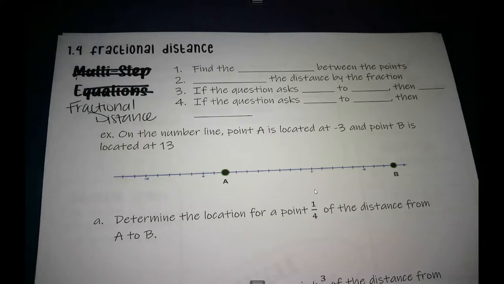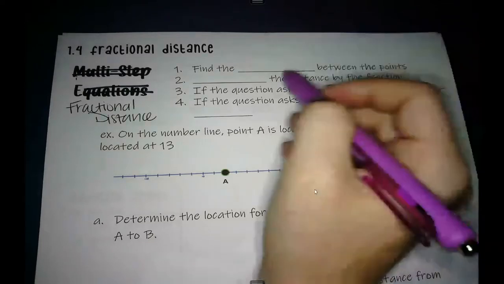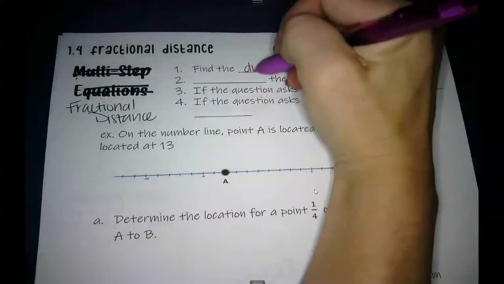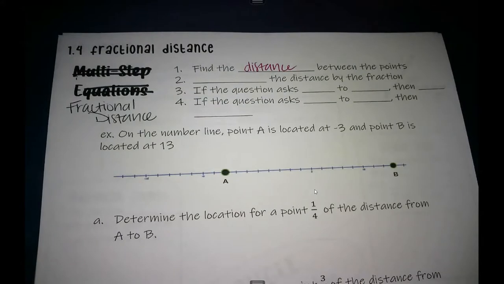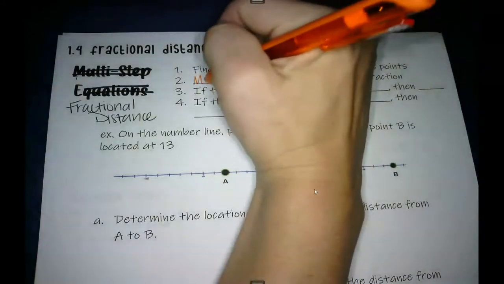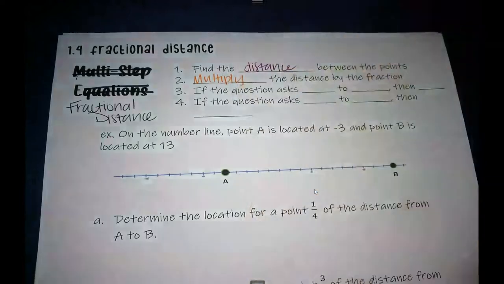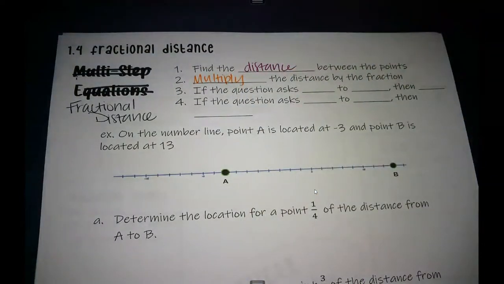To do that, we need to first find the distance between the 2 points. Then we'll be given a fraction like 1/4 of the way. So we need to multiply the distance by the fraction.